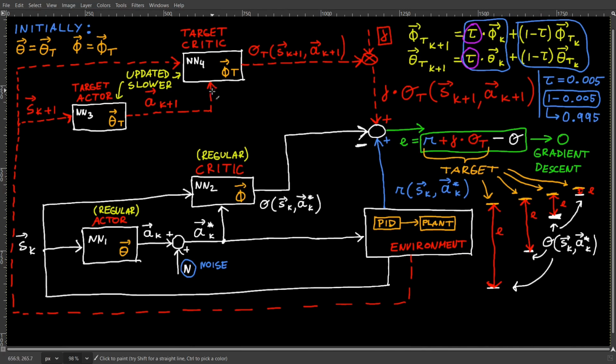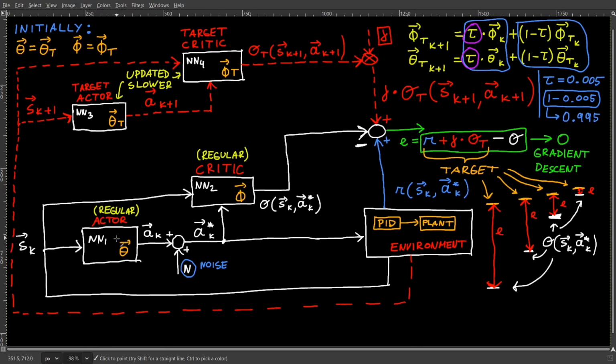In total, we now have 4 neural networks. As you drive this error to zero, you train the regular critic to better estimate the Q value for some state action pair. When it comes to training the actor, then it's the same like before.